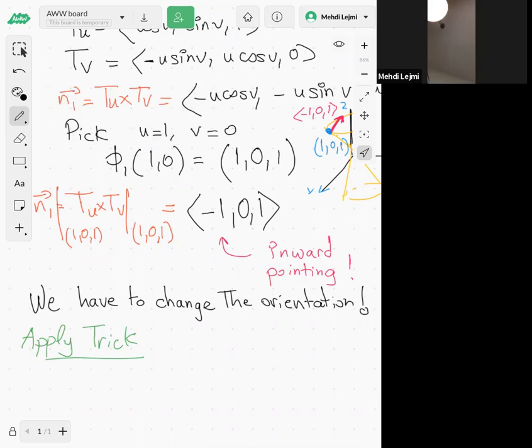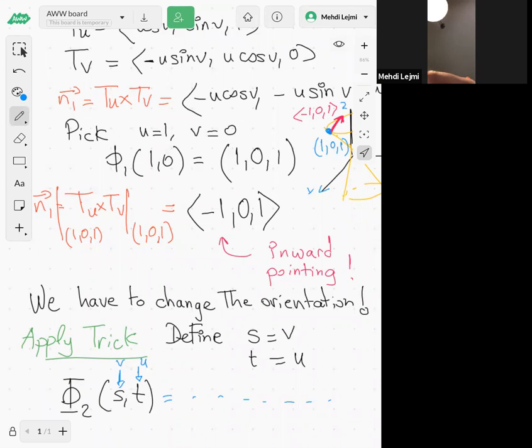Define new parameters, s and t, where s would be the first parameter. s would be equal to v. v was the second parameter in phi1, but now I'm going to start with v first. So my first parameter is v, and the second parameter is u. So now I have this phi2 of s and t. You see again here, the first parameter s is now v, and the second parameter t is now u.